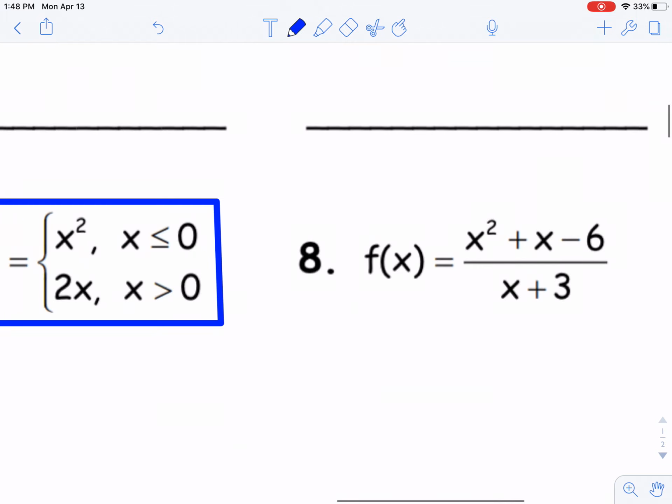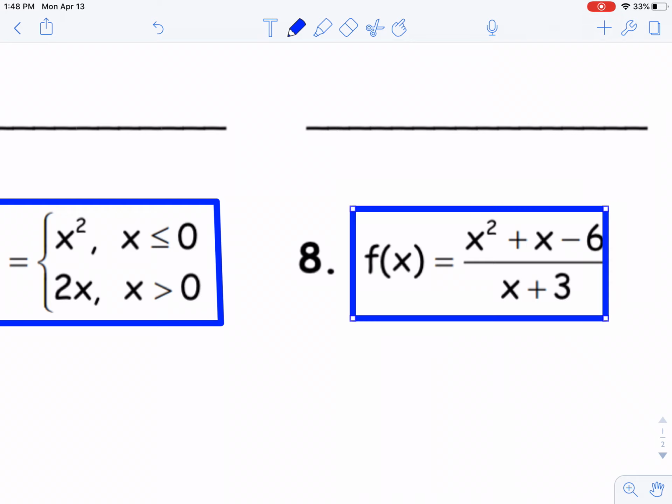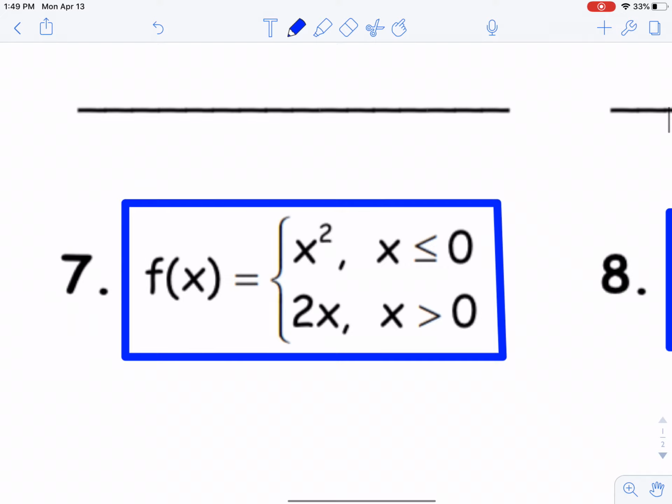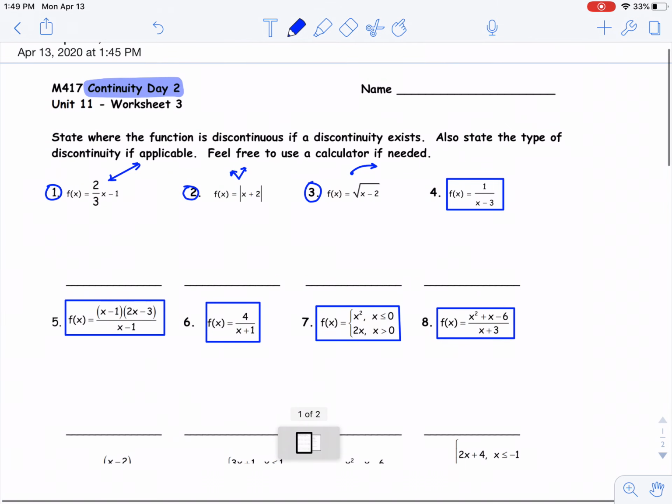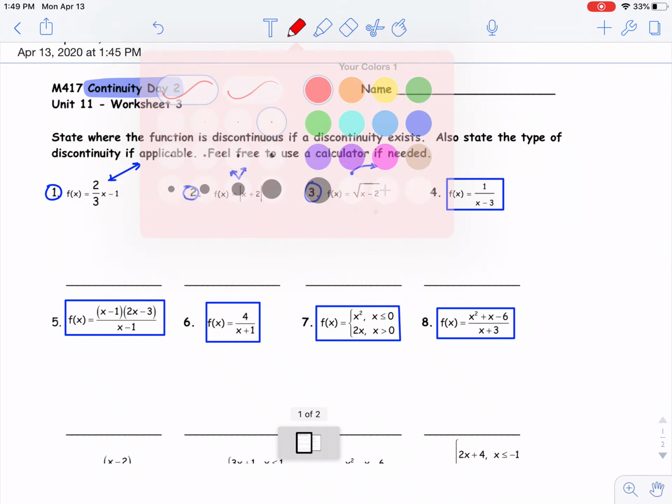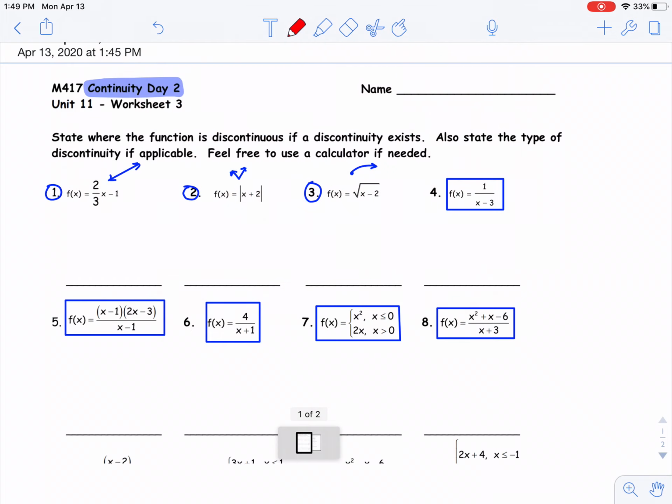Notice number 8 is a fraction, so it's either going to be an infinite discontinuity or a hole, which is a point discontinuity. Again, piecewise functions will only be jump or continuous. Regular functions like 1, 2, and 3 will always just be continuous. Those are generalizations that I would make when it comes to these types of problems.